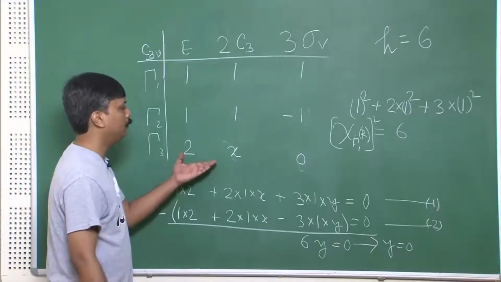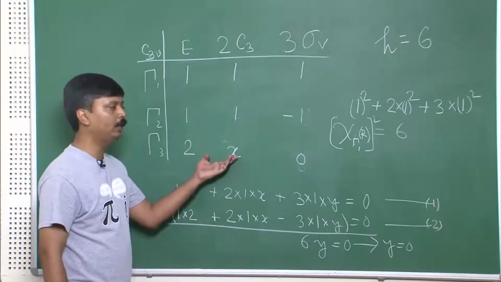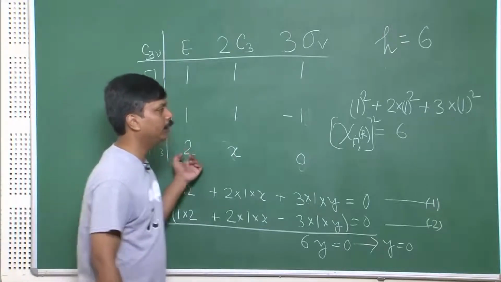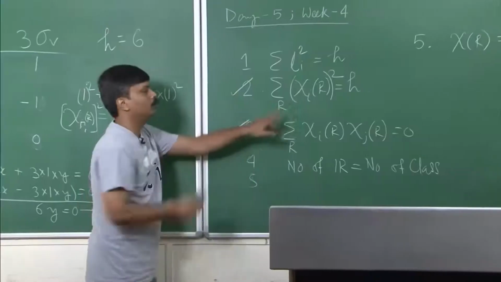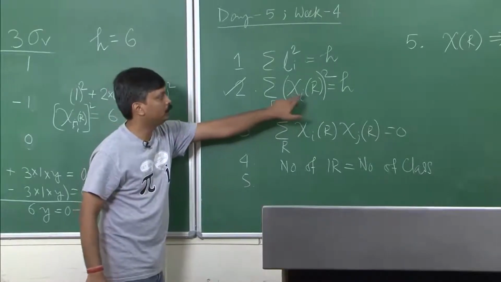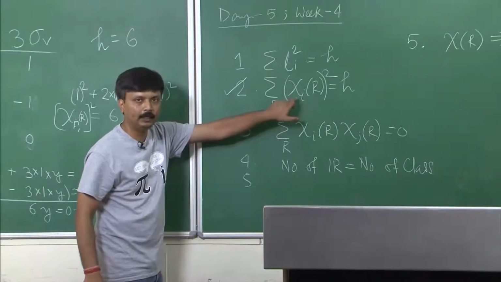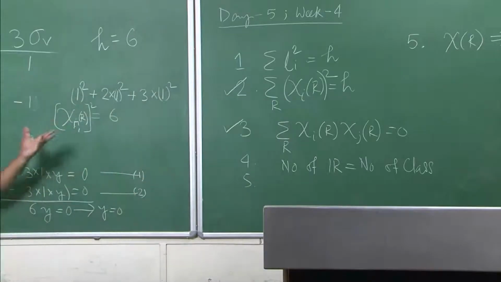But without doing that, I can easily figure it out, because if I look at rule 2, the sum of the squares of the characters of any IR equals the order of the group.